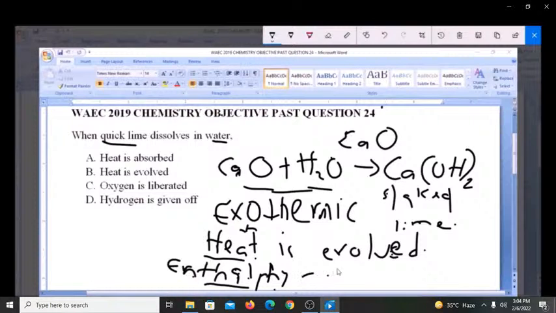Now, the enthalpy in an exothermic reaction is negative, and negativity shows that heat is lost.